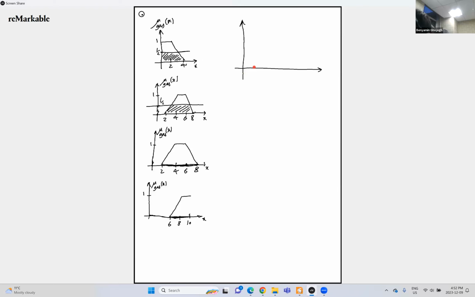So 0, 2, 4, 6, 8, 10. What is this one? Of course, we need to calculate this intersection point. We will do that. For now, let's just draw it. So basically it would be like this, right? Let me try to draw it well.